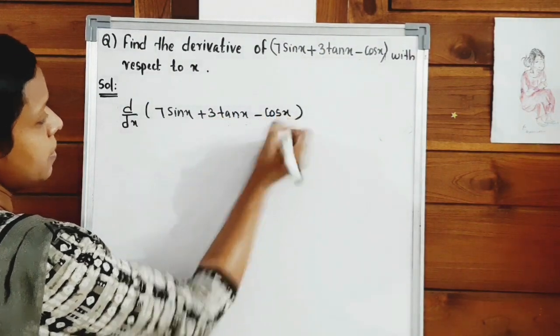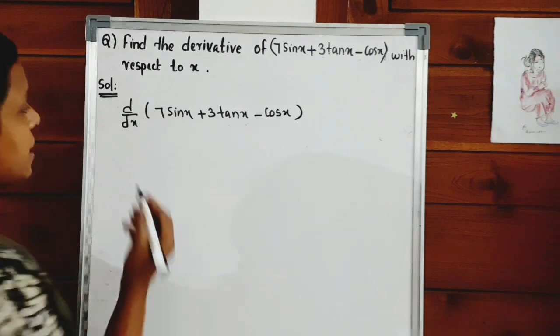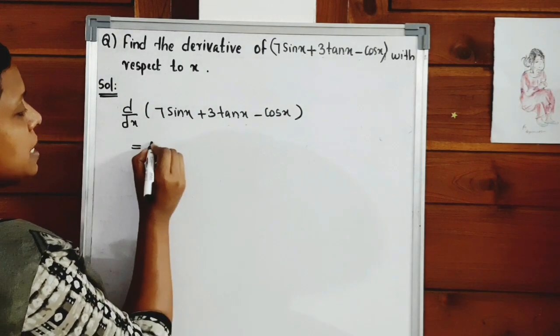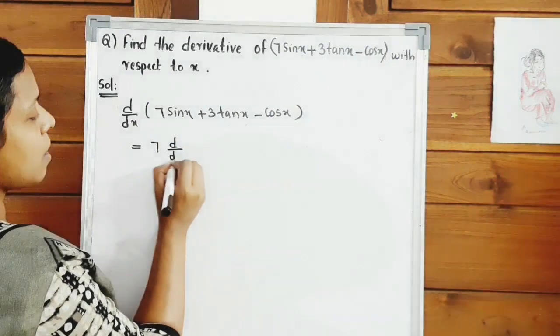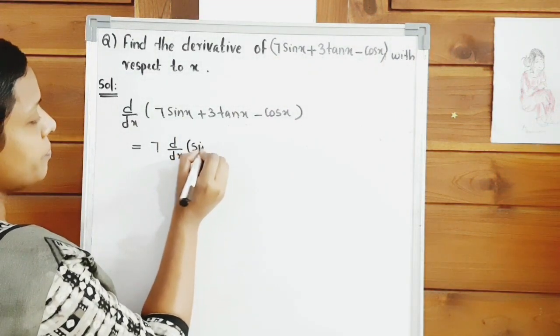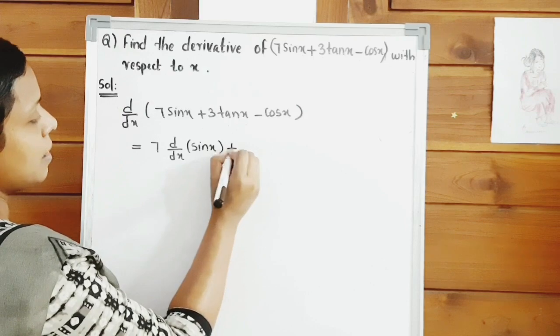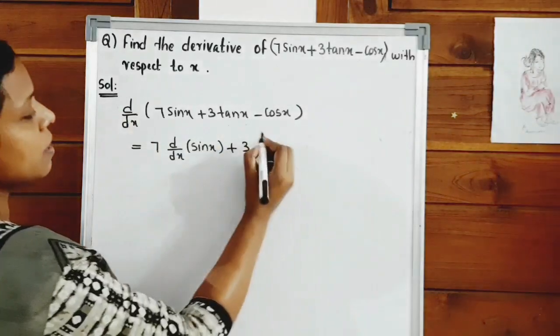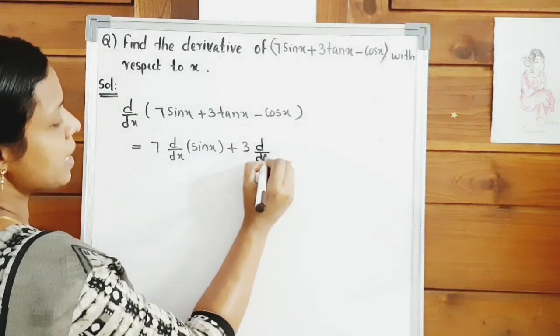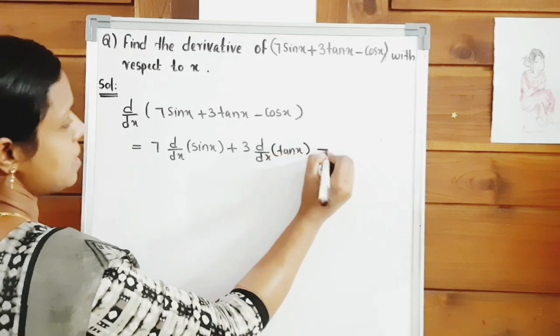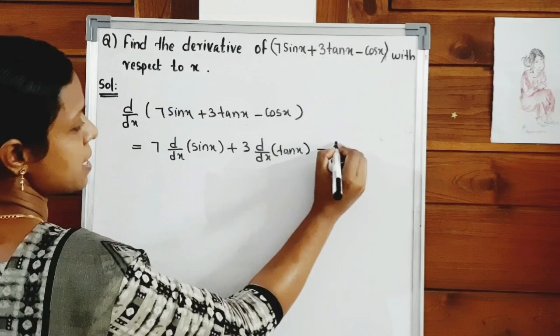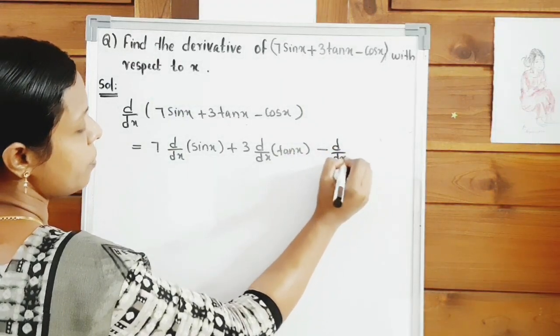Using linearity property, this is equal to 7 into d by dx of sin x, plus 3 into d by dx of tan x, minus d by dx of cos x.